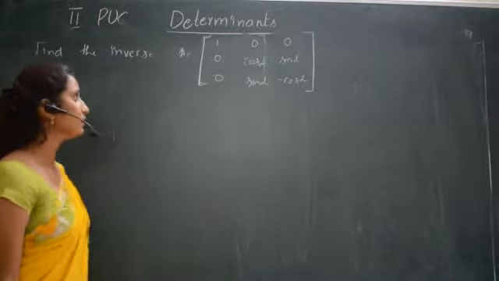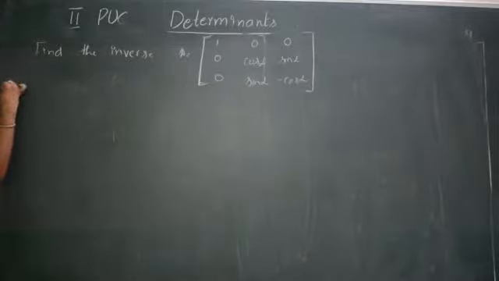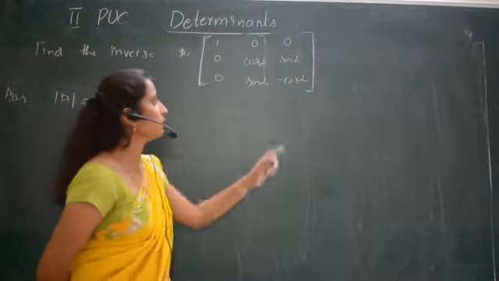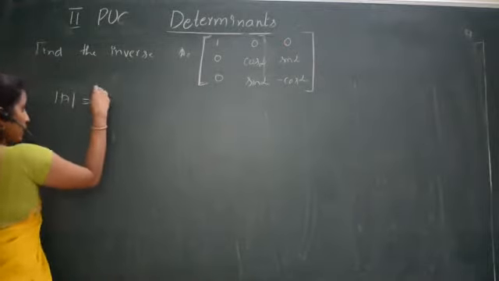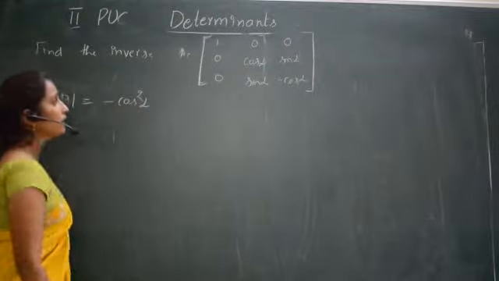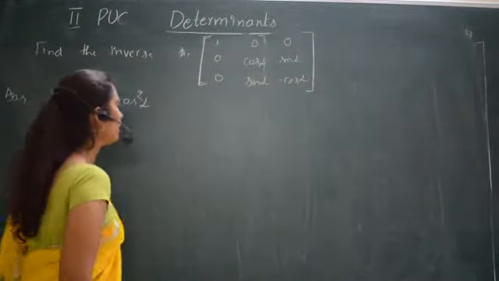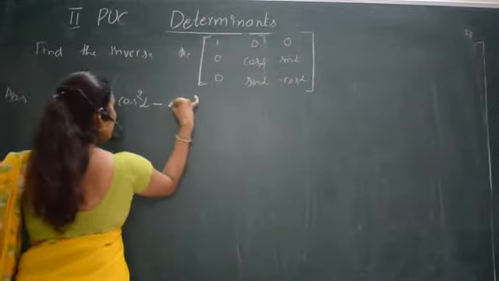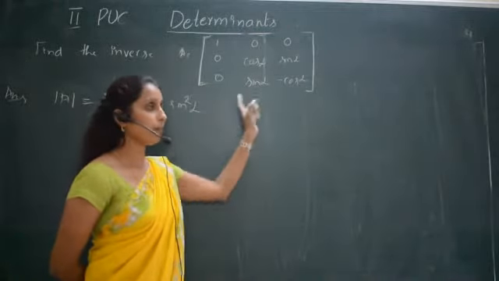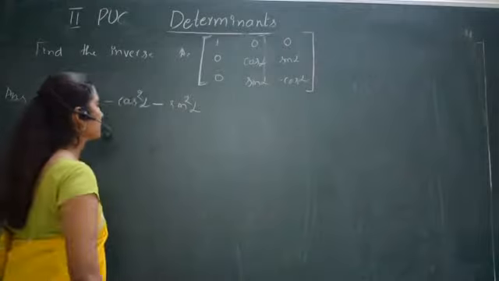To find the inverse, first we have to calculate the determinant. Determinant of A, I'll expand along row 1. So 1 into cos alpha into minus cos alpha, minus sin alpha into sin alpha, that is minus sin square alpha.